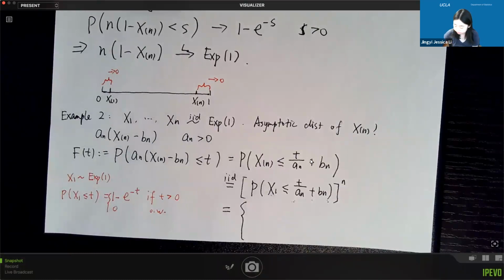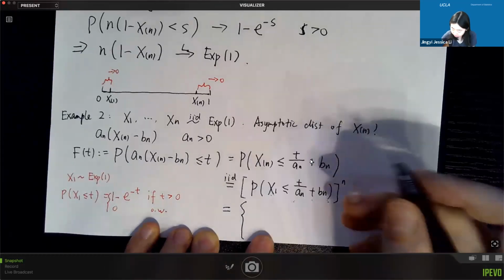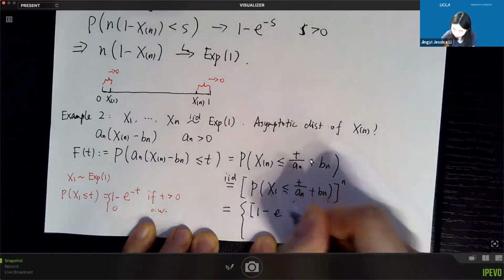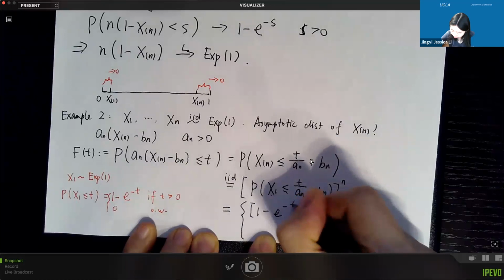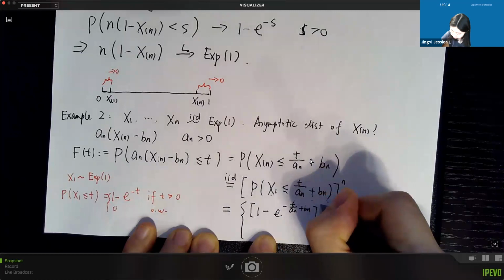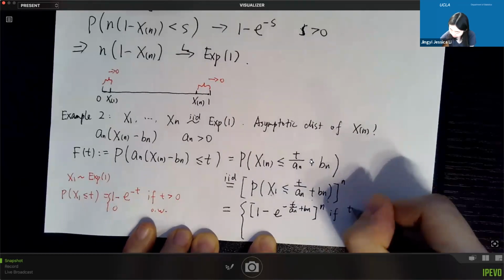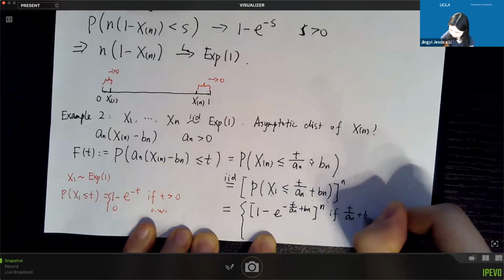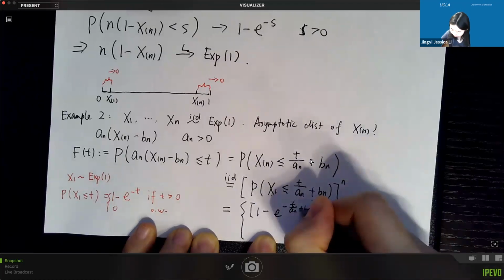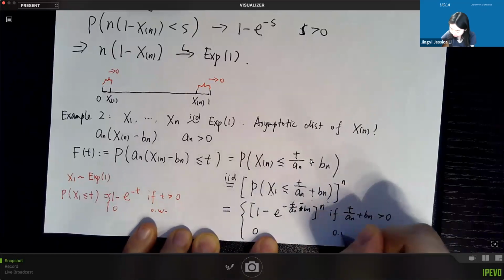Then coming back here, we just use this argument. We would have this equal to 1 minus exponential to the negative t over a_n plus b_n, to the power n, if t over a_n plus b_n is positive, otherwise it is 0.